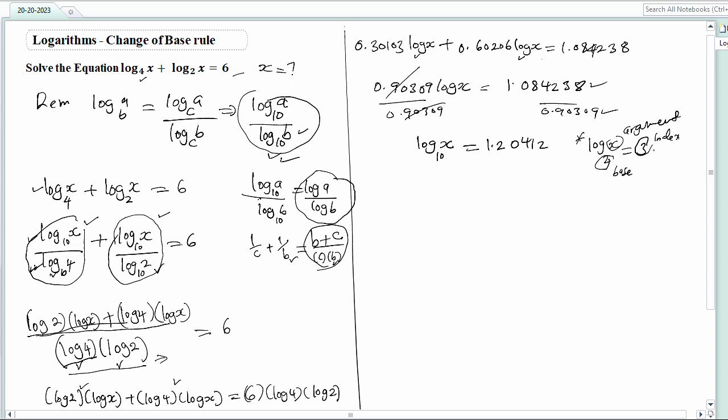To work this out, you take 2 as the base and raise it to the index, which is 3. It will give you the value of x. Now we can apply the same here to get the value of the argument x. You take the base, which is 10, raise it to the index, which is 1.20412, and x will give you a value of 16.